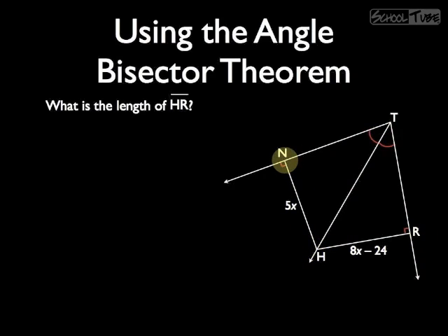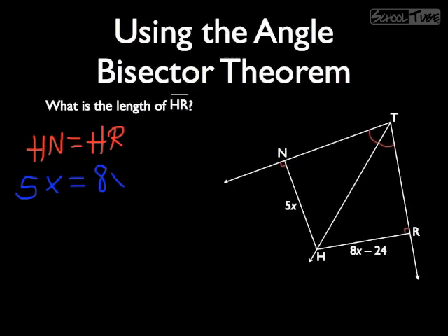So therefore, we know the distance from H to N is going to be the same or equal to the distance from H to R. And so now we can plug in the values. The distance from H to N is 5x, and the distance from H to R is 8x minus 24.